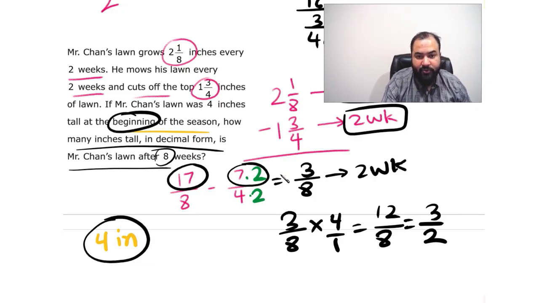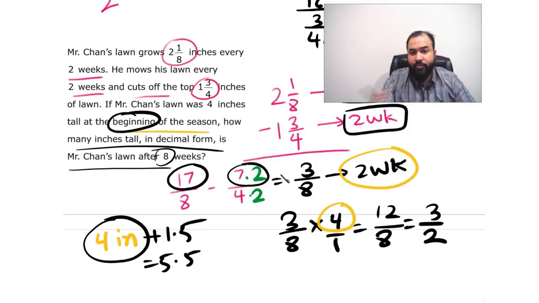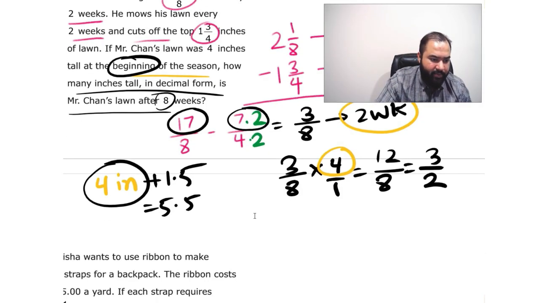And then 3 over 2 it increased after 8 weeks, and that's 1.5. So that's 5.5. Now the question is why I multiplied by 4 even though it was 8 weeks. Because remember, we're dealing with every 2 weeks. So there are 4 periods of 2 weeks in 8 weeks. So total 5.5.